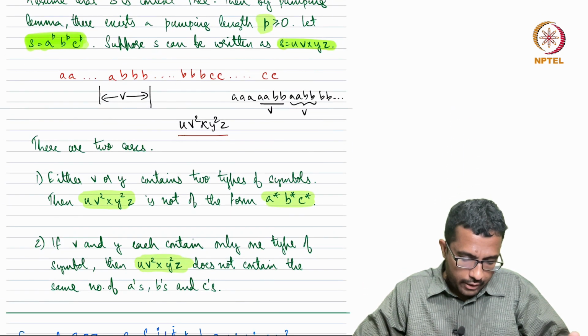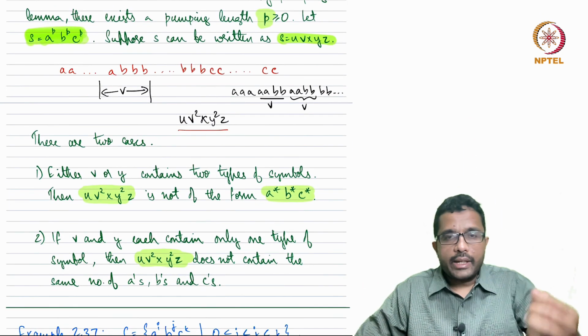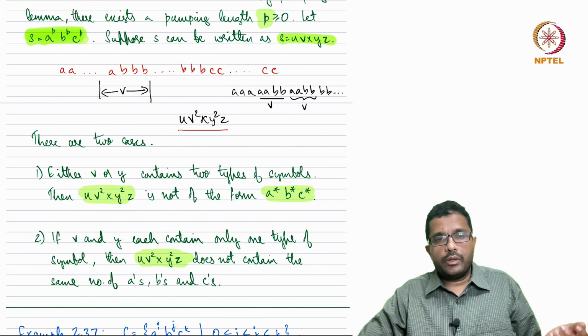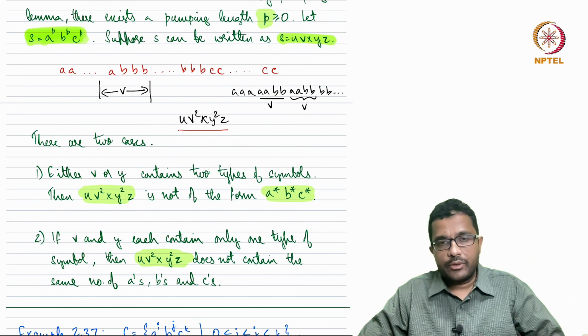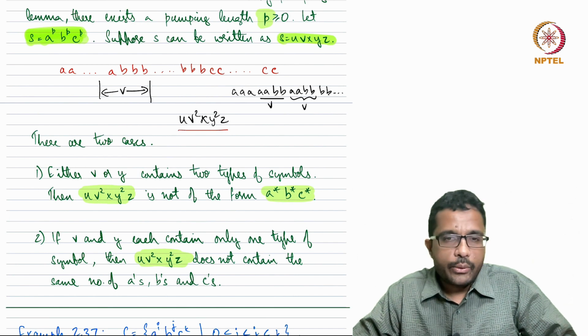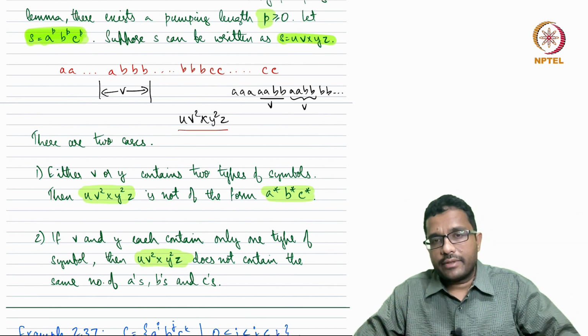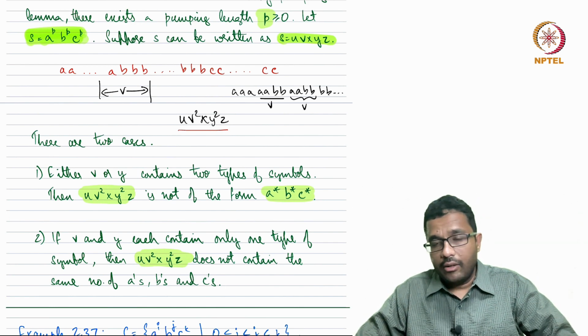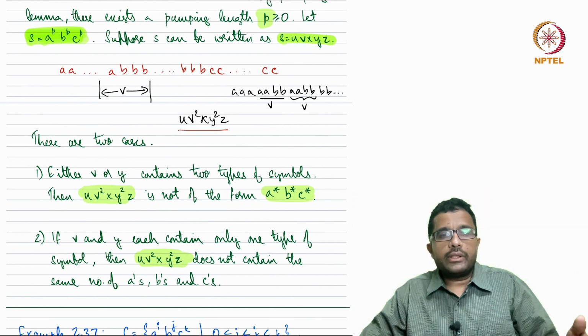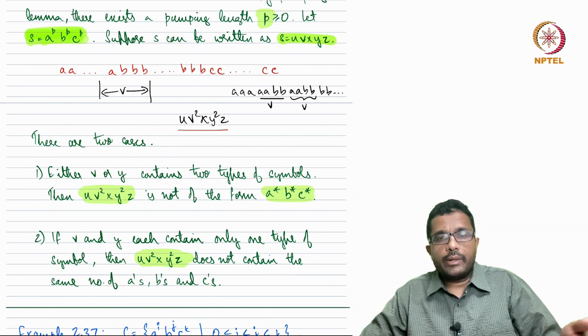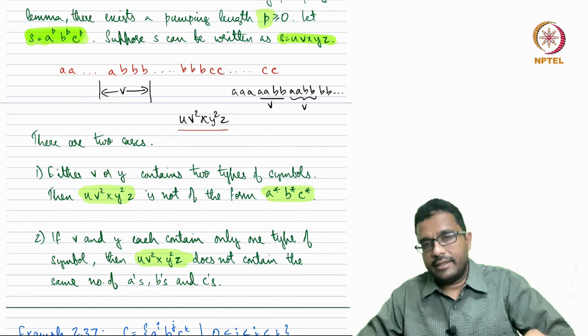So v and y can only contain one symbol each. So v could contain a, y could contain b, then c is not there. Then u v square x y square z contains a's and b's, and that is more than the number of c's. Or if v and y are both a's, then u v square x y square z has more a's than b's.